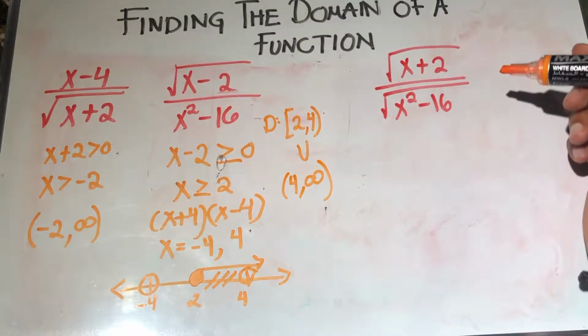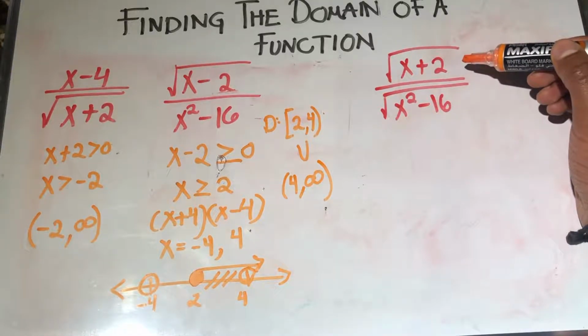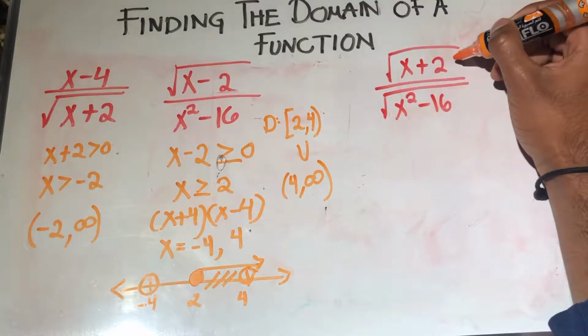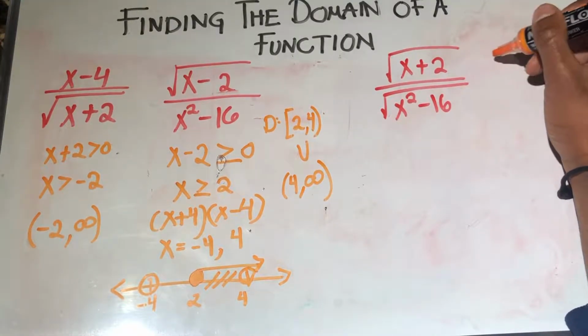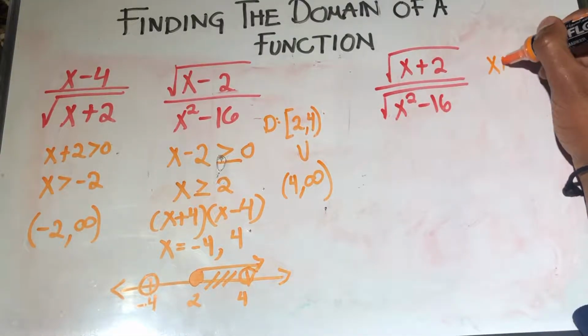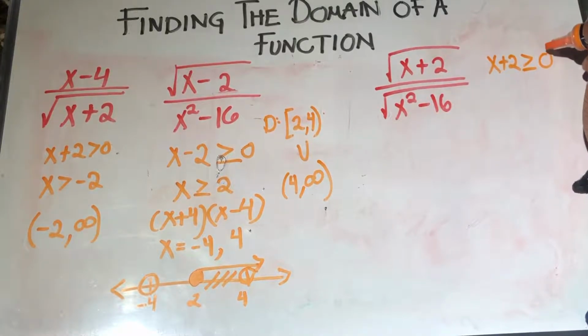Now this is a slightly more difficult problem since we have radicals in the numerator and the denominator. What we can begin with is taking the numerator, and since it's not in the denominator, we can set it greater than or equal to 0.